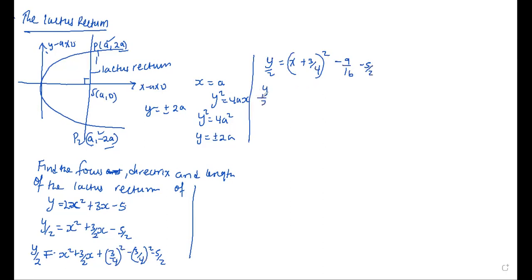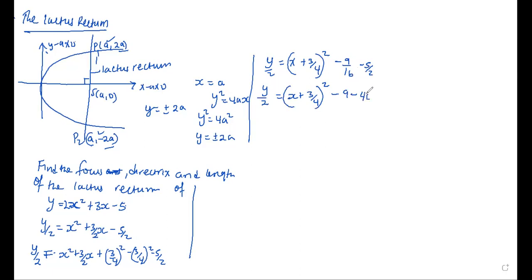So y over 2 would give us (x plus 3 over 4) squared minus 9 minus, 2 goes in 16 how many times? 8.